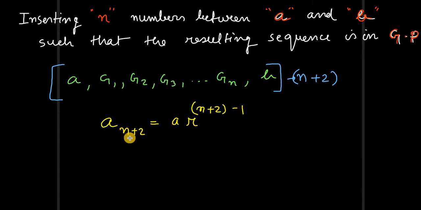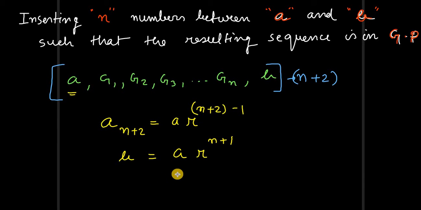So a_(n+2) is nothing but b, our last term, the n plus 2th term, and a is obviously our first term, r is our common ratio, and n plus 2 minus 1 becomes n plus 1.